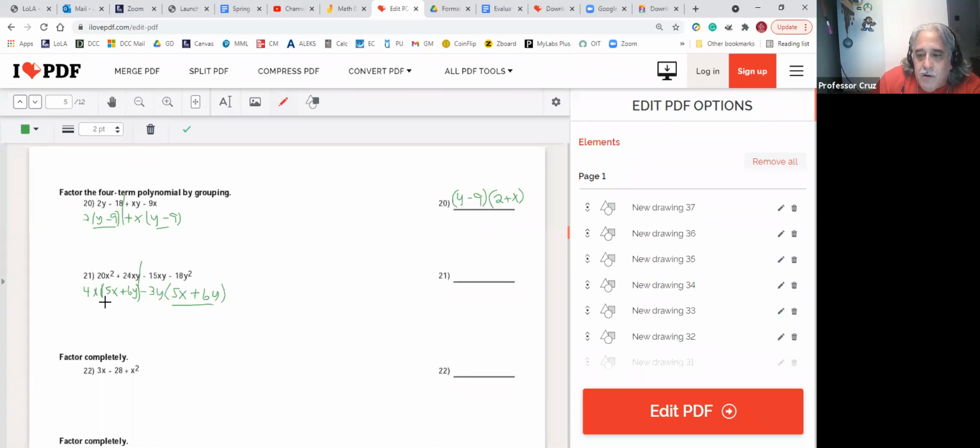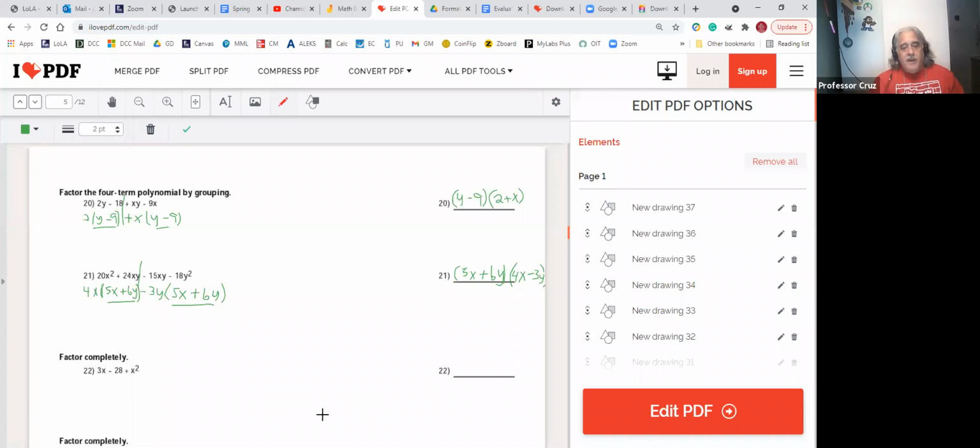Here's our repeating one. Four x minus 3y. Barely fit in there, but we got it.